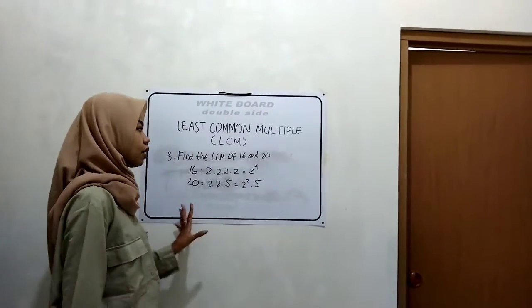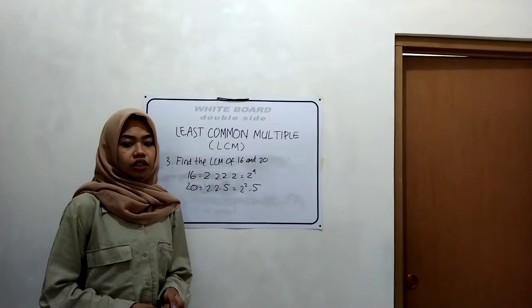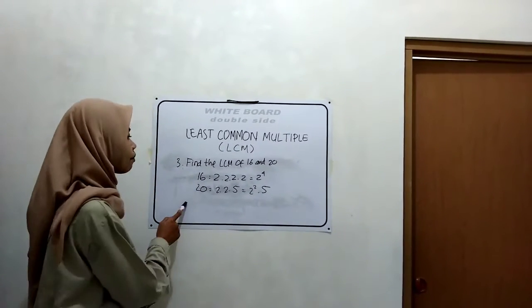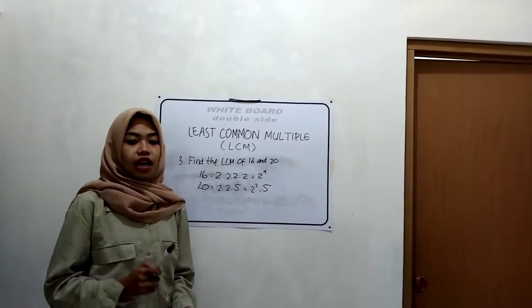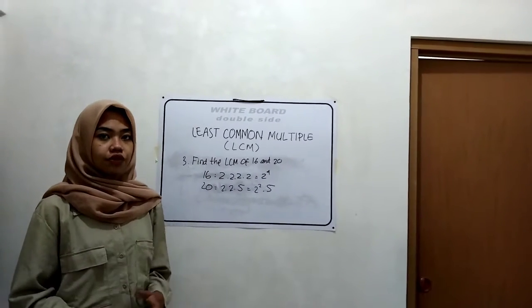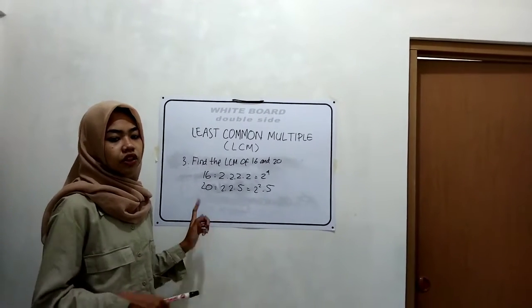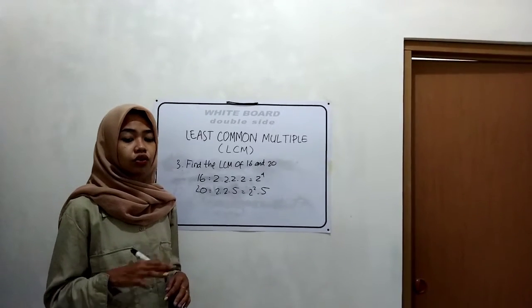Okay, next example. We're going to find the LCM by prime factorization. Find the LCM of 16 and 20. First step is to find the prime factorization of 16 and 20. For 16, we could do a factor tree, but I'm going to skip that.